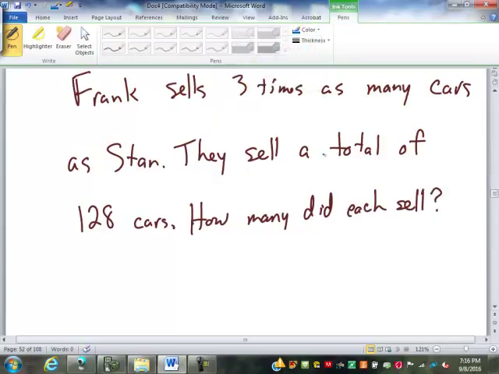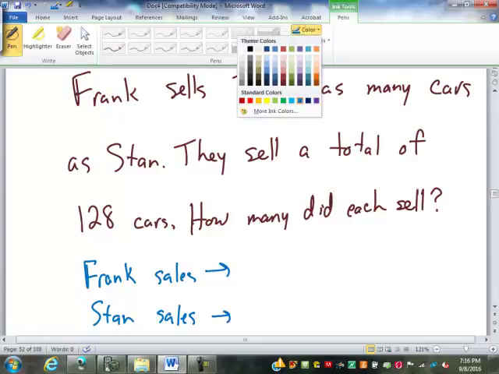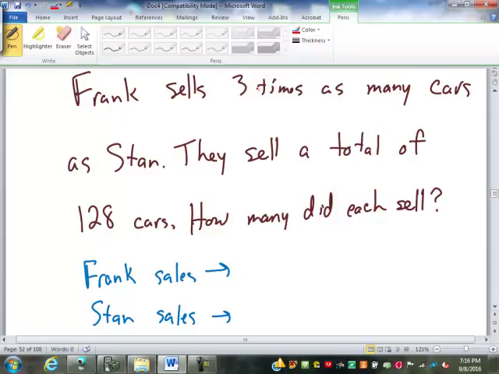There's two things we're looking for here. We're looking for Frank's sales and Stan's sales. We can't have two variables. So what we have to do is figure out how to represent one of them in terms of the other.